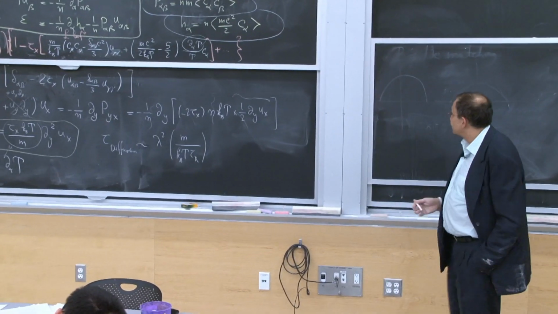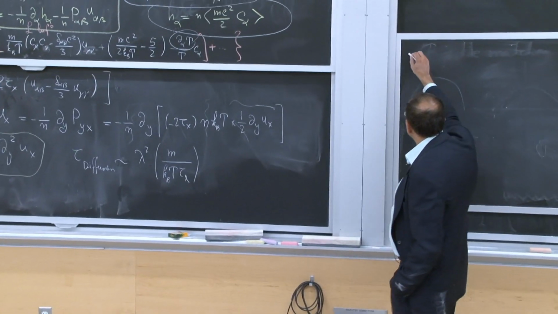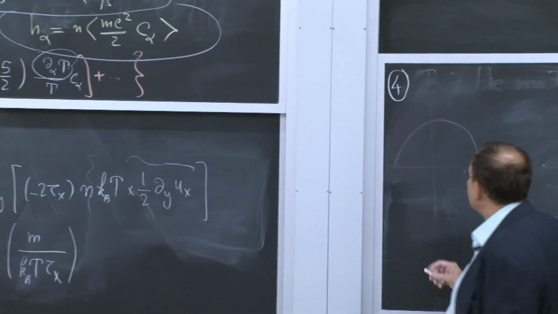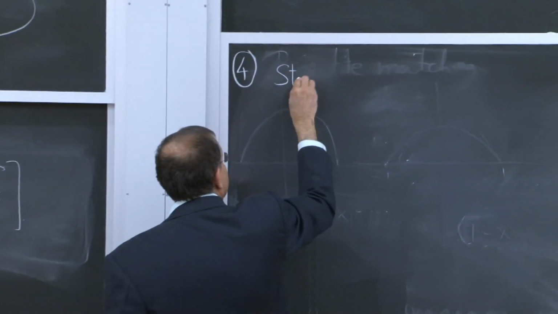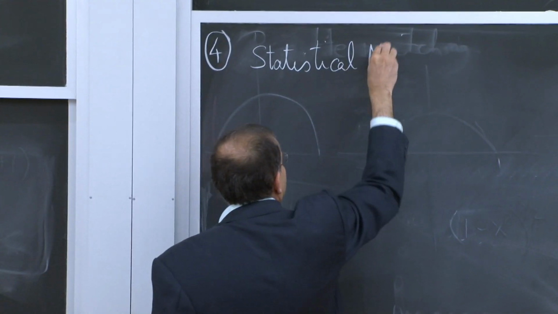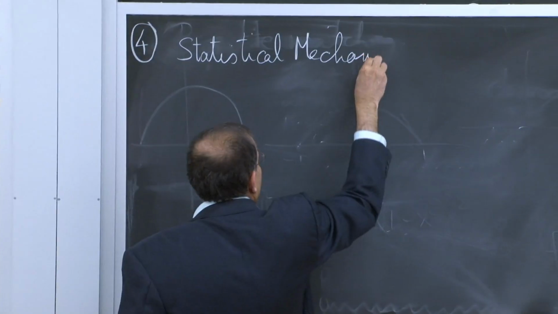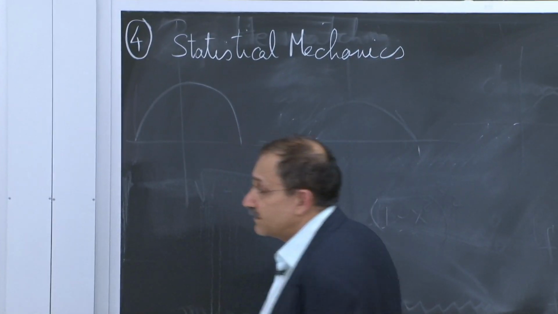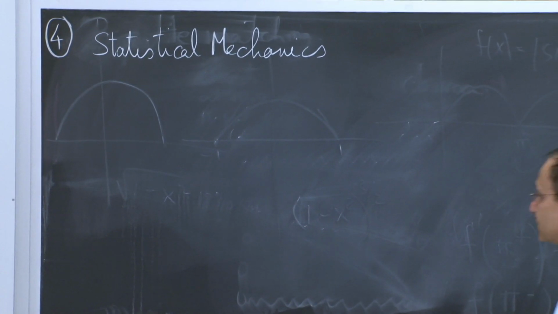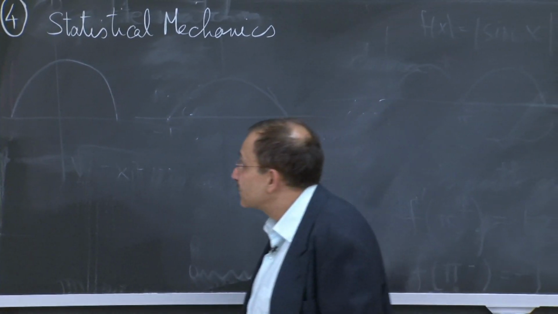Okay, so now we get to the 4th section of our course that eventually has to do with statistical mechanics. And at the very, very first lecture, I wrote a definition for you that I will write again.